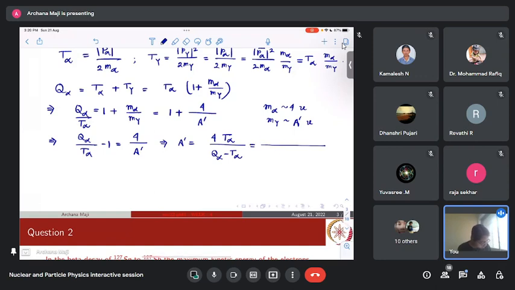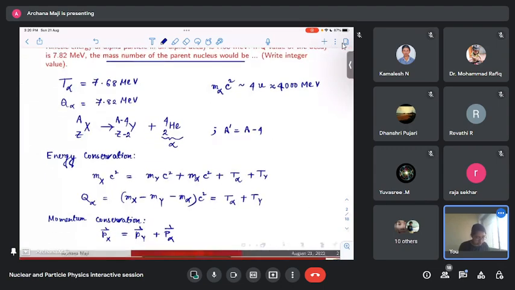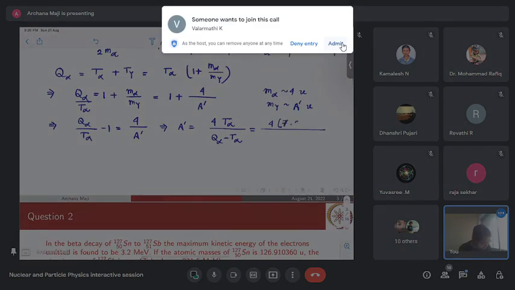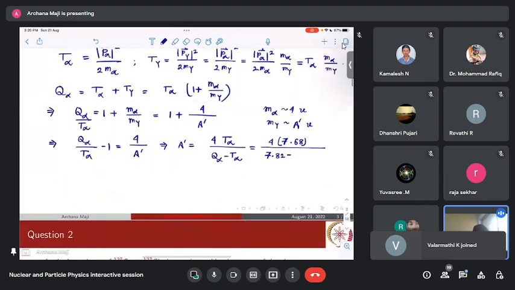So that is equal to, T alpha is 7.68 MeV and Q alpha is 7.82 MeV, minus 7.68. If you evaluate it, you will obtain 219.43.